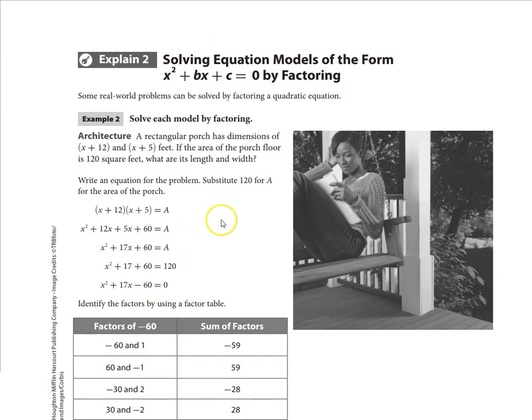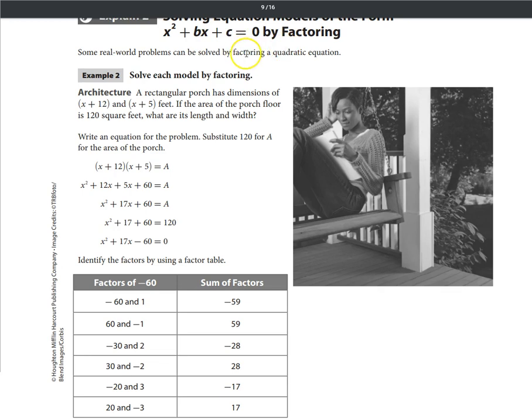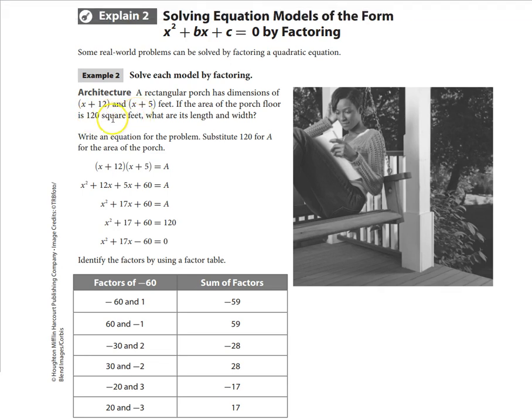Well, let's go through this last problem where we're using this method to solve a quadratic equation. So they say here that we've got the dimensions of a rectangular porch along with the area of that porch, and they want us to solve for x. So by taking the dimensions and multiplying, we can get an expression that represents the area.